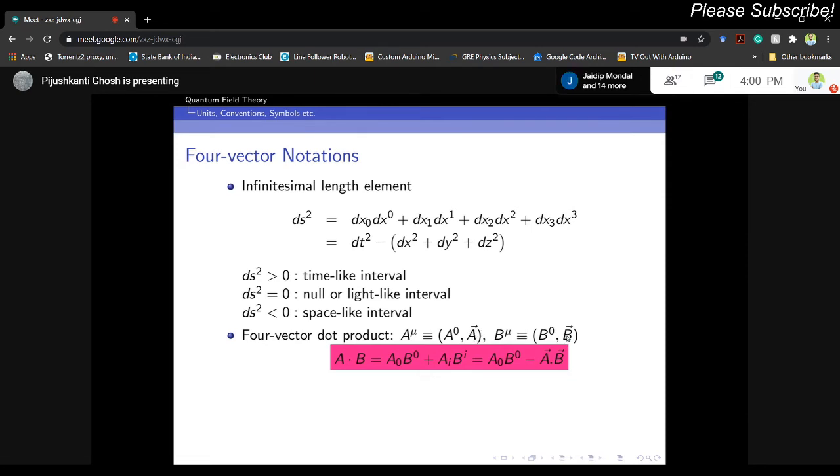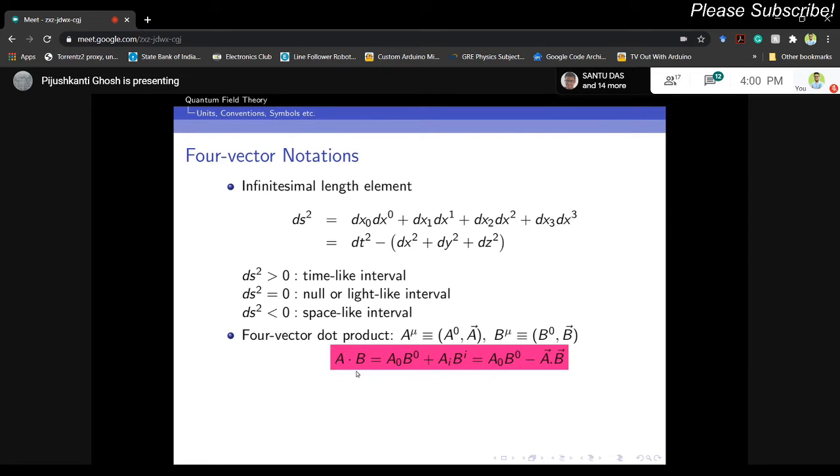In typical vector analysis, we denote vector dot product as vector A dot vector B, and we give an arrow on top of a symbol to denote that this is a vector, right? That's the standard symbol, and in order to denote a dot product, we give a dot.